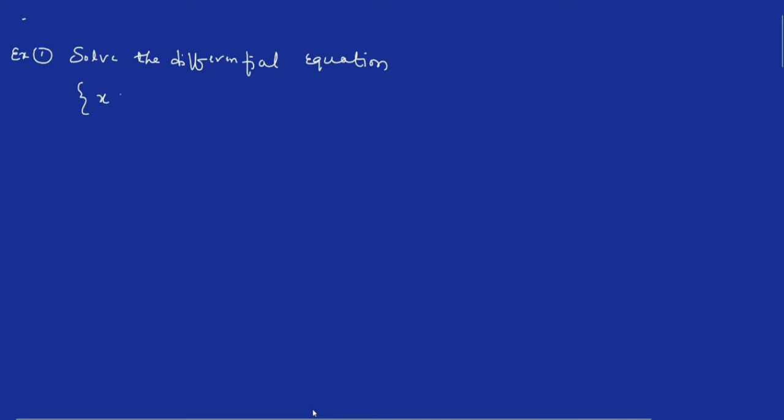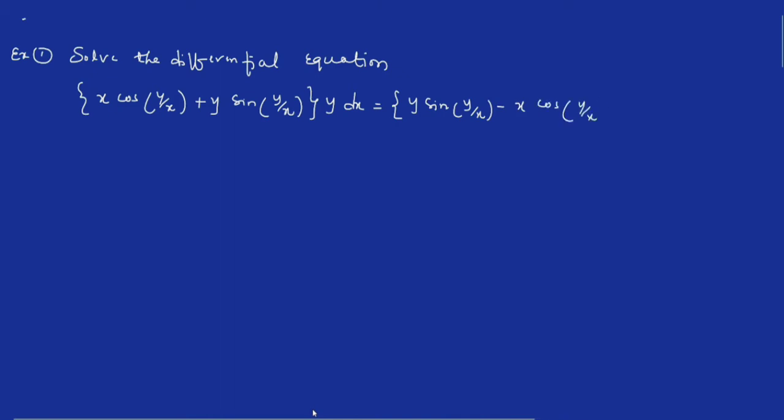This first example, solve the differential equation x cos(y/x) plus y sin(y/x), close bracket, into y dx, which is equal to y sin(y/x) minus x cos(y/x), into x dy.